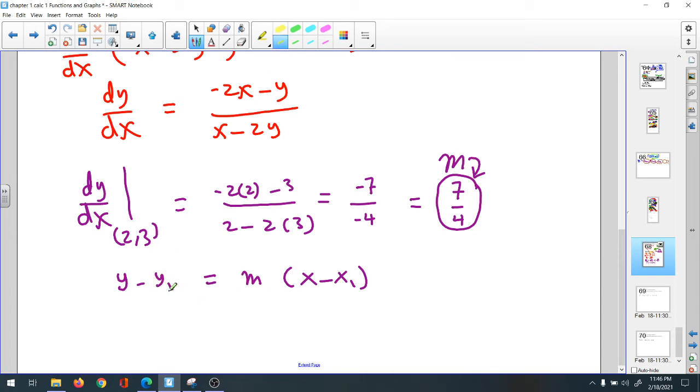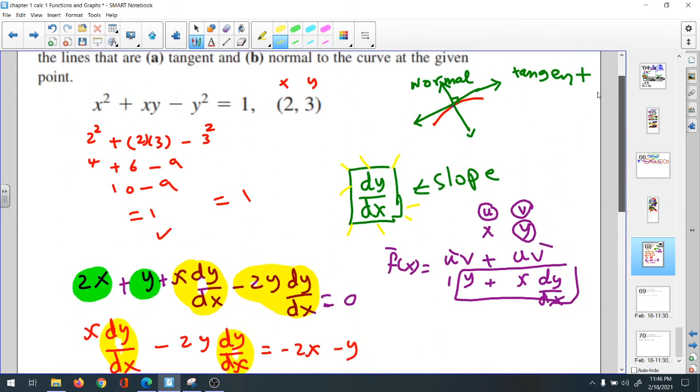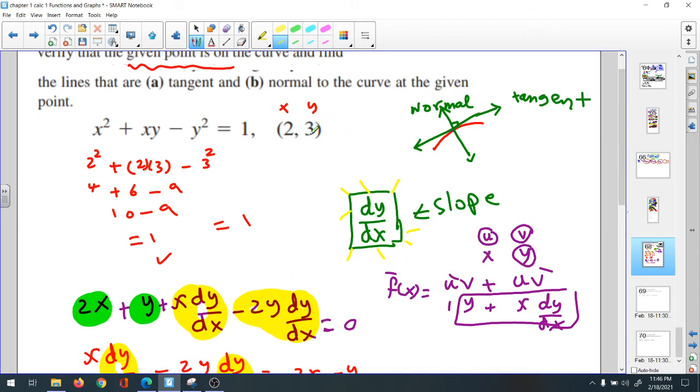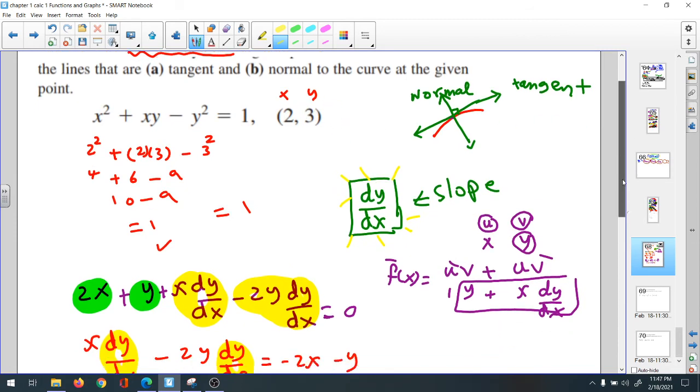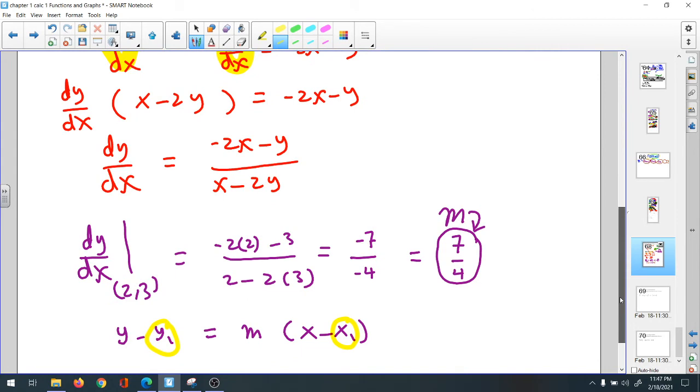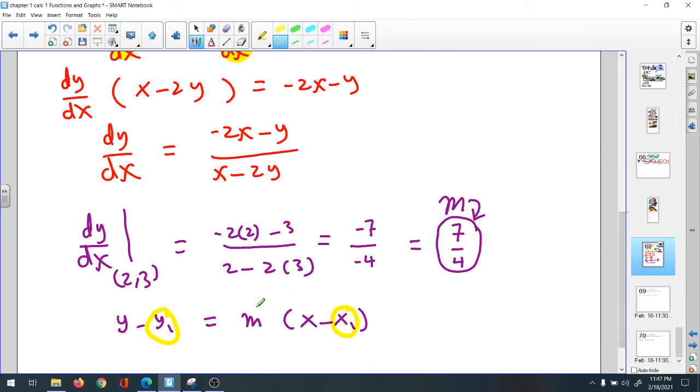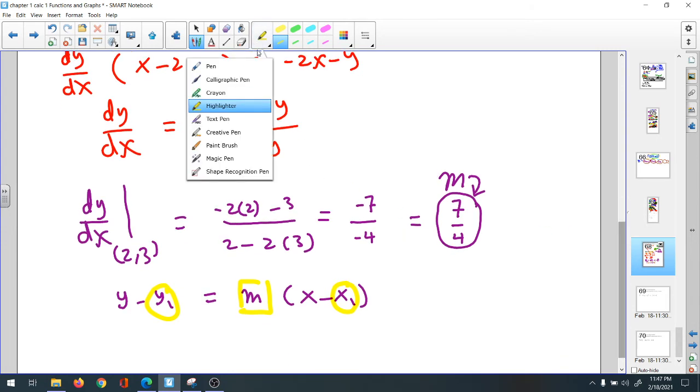Already we have y1 and x1 from the given point: y is 3 and x is 2. And we just got the slope, 7 over 4, so just substitute it.